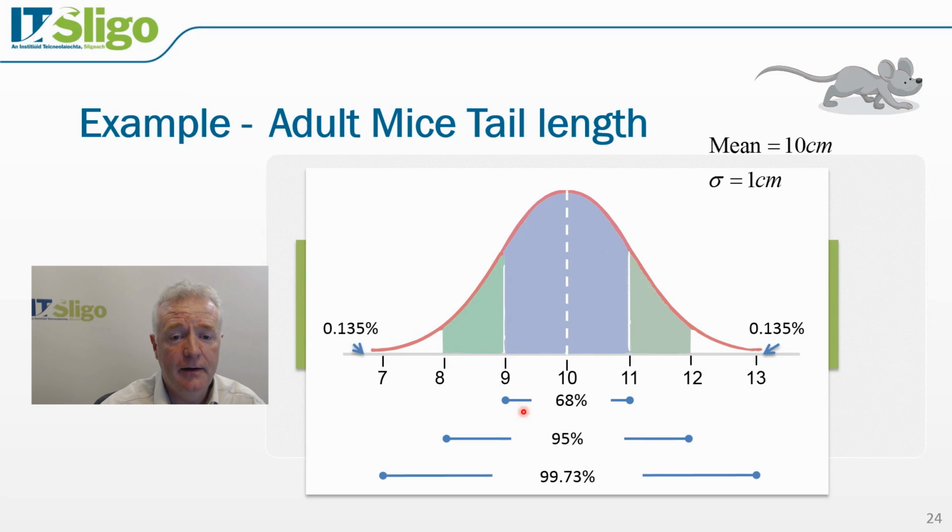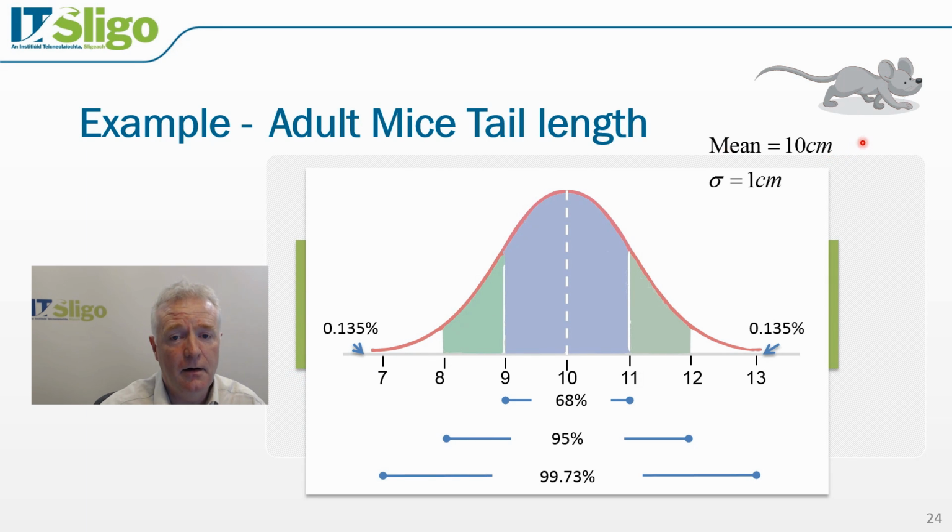What this implies is that 68% of all adult mice will have a tail length between 9 and 11 centimeters. 95% will have a tail length between 8 and 12 centimeters, and 99.73% will have a tail length between 7 and 13 centimeters. Only a very small portion will have a tail length either larger than 13 or smaller than 7 centimeters.